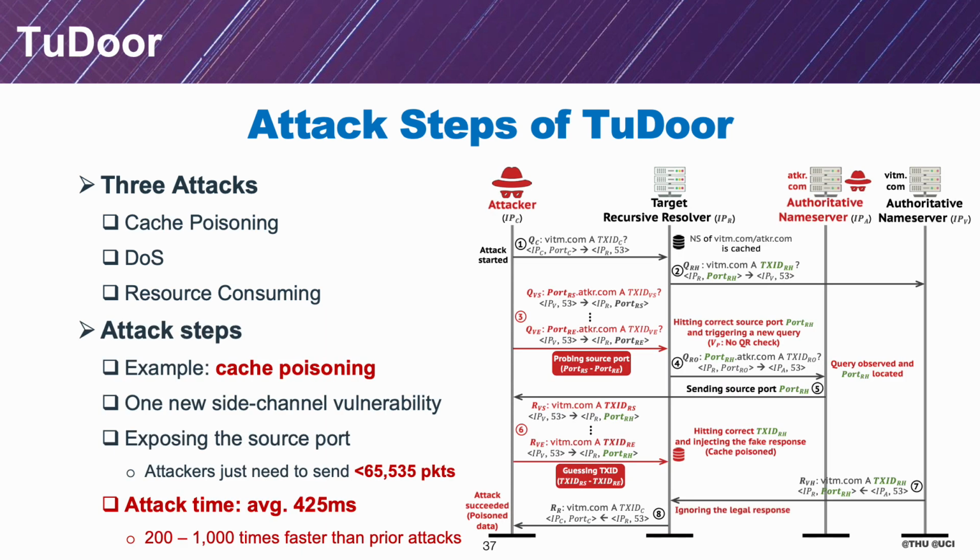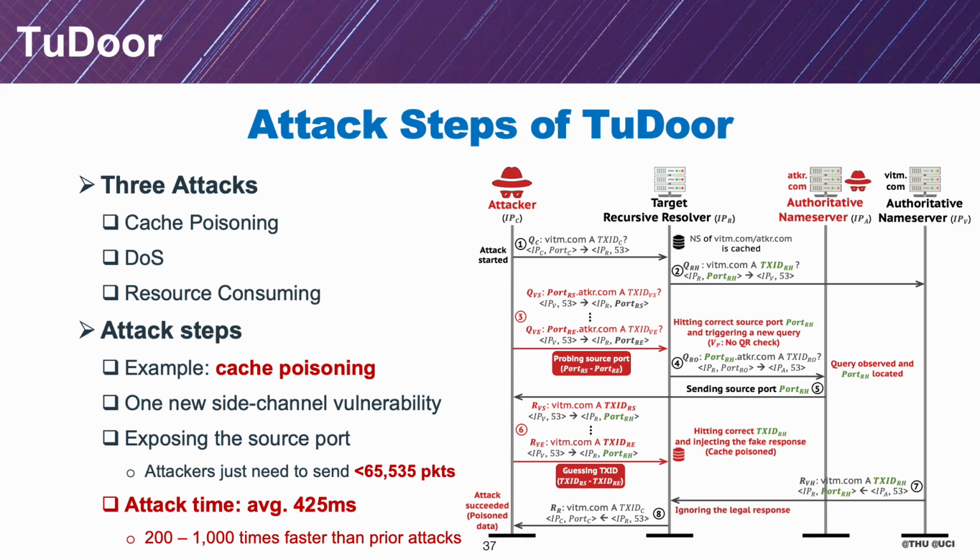For example, when conducting the cache poisoning, the attack steps are shown here. By exploiting one new side channel vulnerability, the attacker could expose the source port within just 1 second, with only 65K packets.